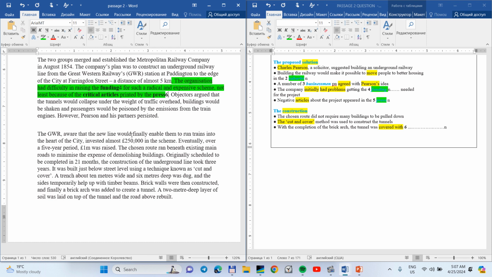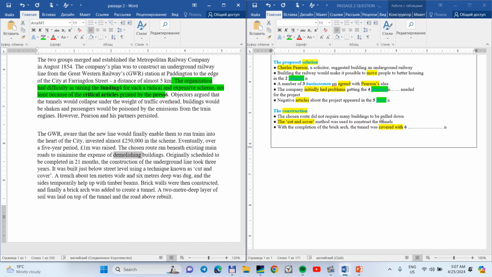The chosen route ran beneath existing main roads to minimize the expense of demolishing buildings. Originally scheduled to be completed in 20 months, the construction of the underground line took 3 years. Yeah, it was planned for less than 3 years. It was built just below street level using a technique known as cut and cover. Yes, we now finally come across cut and cover.